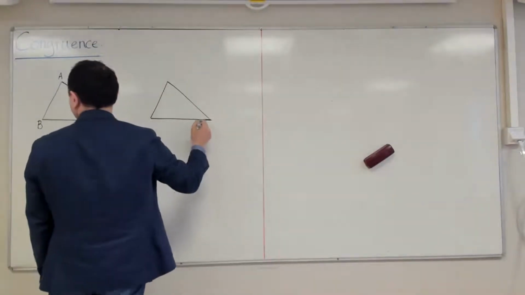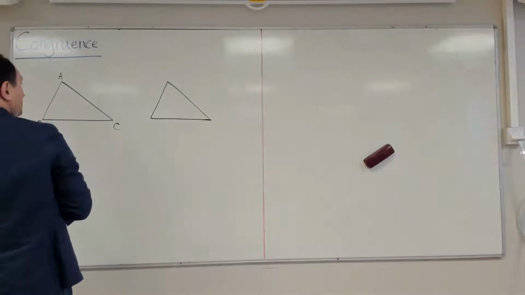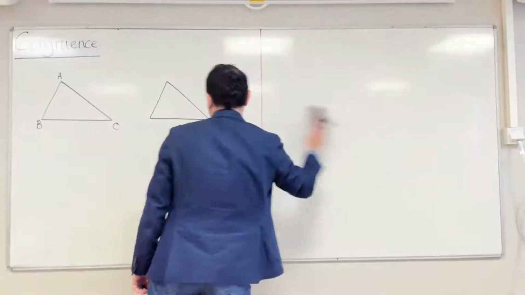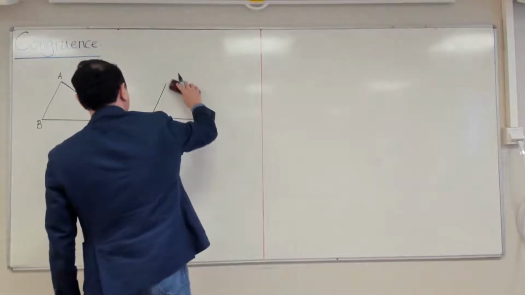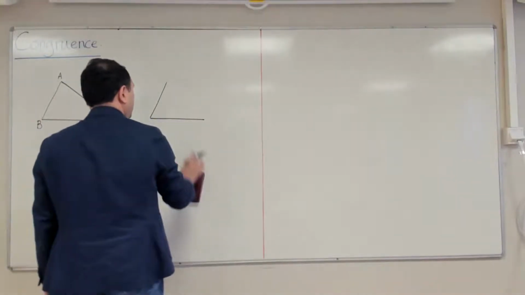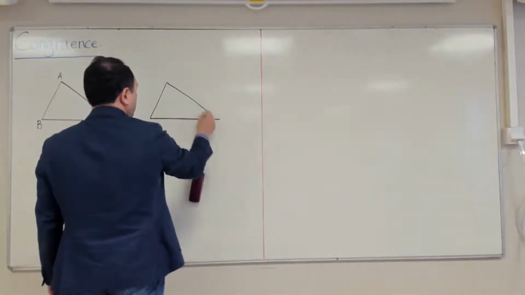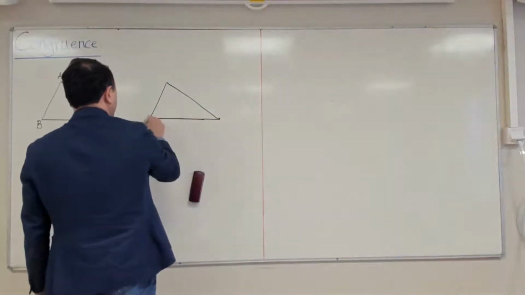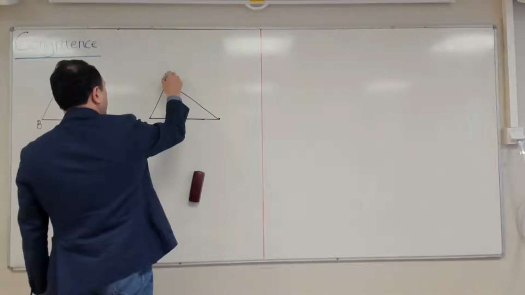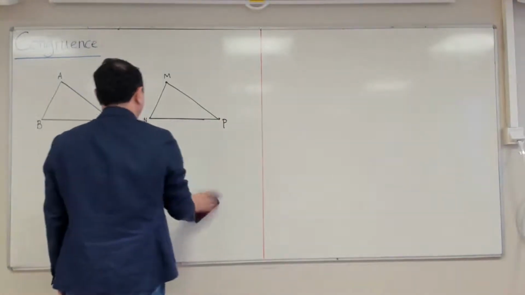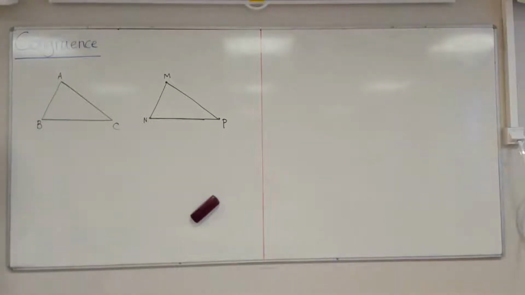Of course, it is a little bit hard to draw exactly the same picture, but you need to understand, I mean exactly the same copy. For example, let me call this one M, N, and P. If they are identical copies of the same picture, we say that these two triangles are congruent.